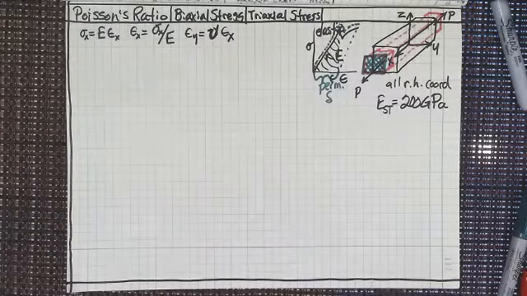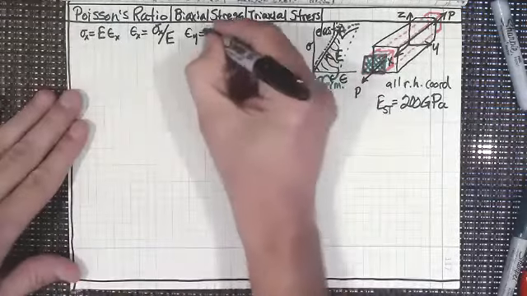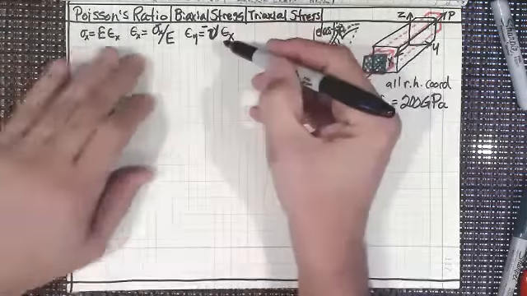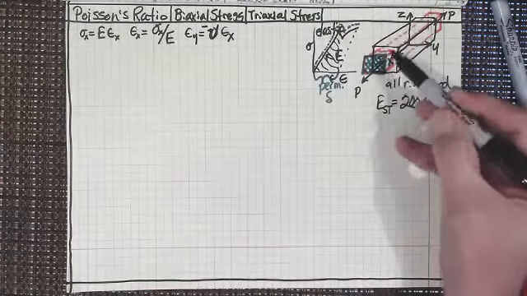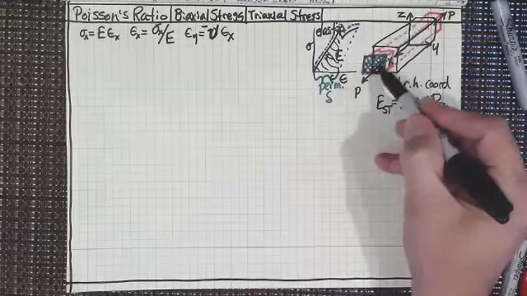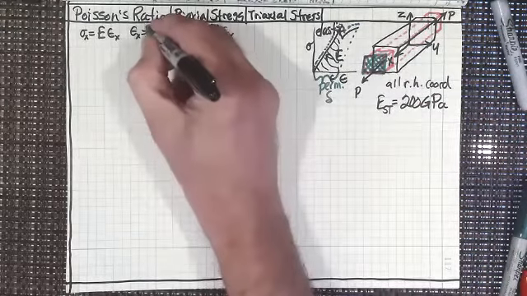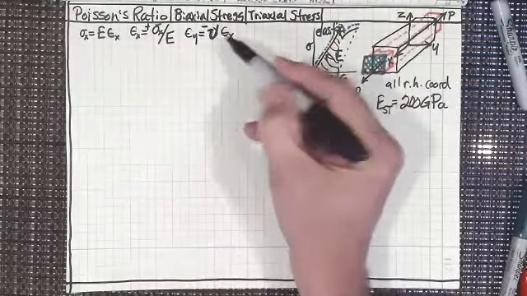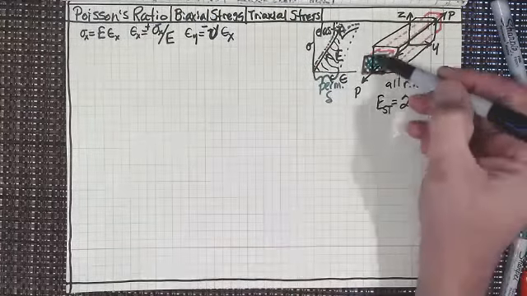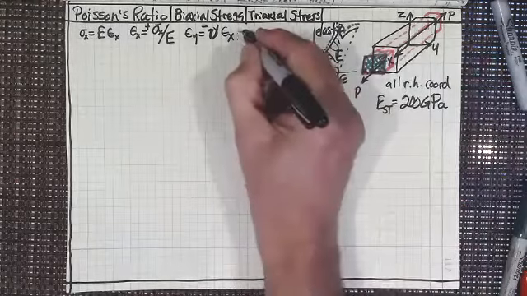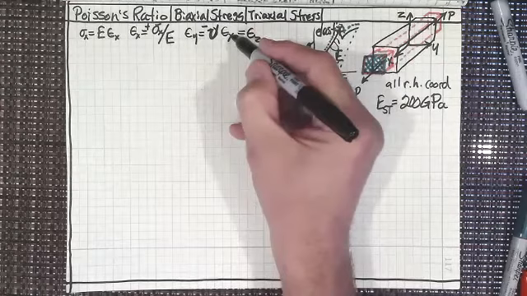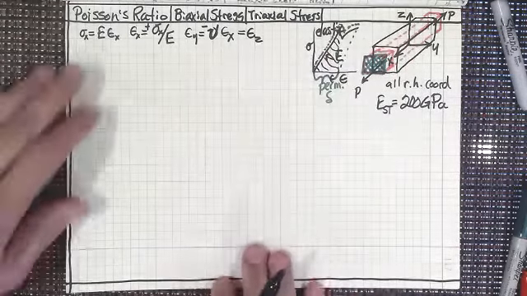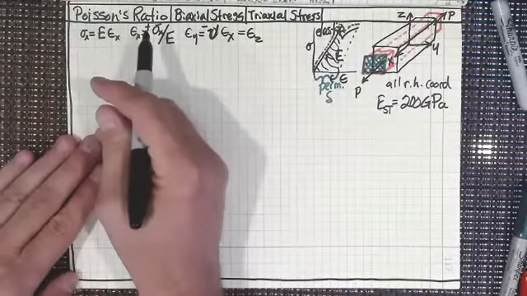Okay? Excuse me, I just had a sip of tea, went down the wrong path. So I'm pulling in the x direction, so that's going to be a positive, right? But this is going to be a negative because it's getting smaller. And of course, the strain in the z direction would be negative too, negative Poisson's ratio times the strain in the x direction, okay?